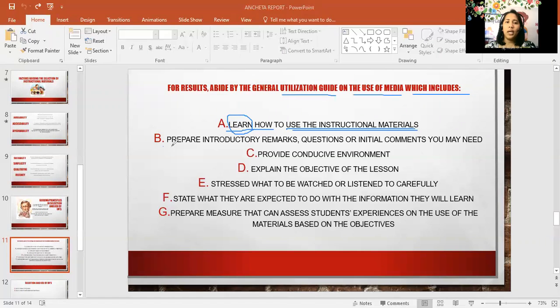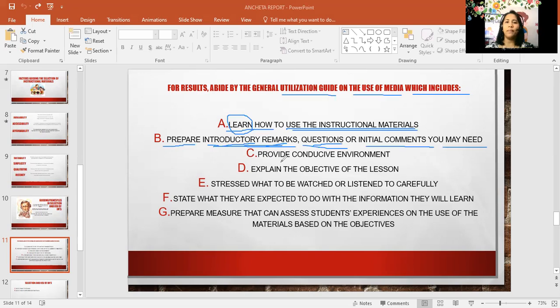Letter B, you need to prepare introductory remarks, questions, or initial comments you may need. Before you start your lesson, you need to make some introductory remarks or some welcome questions so that your learners have the idea what your topic is all about.